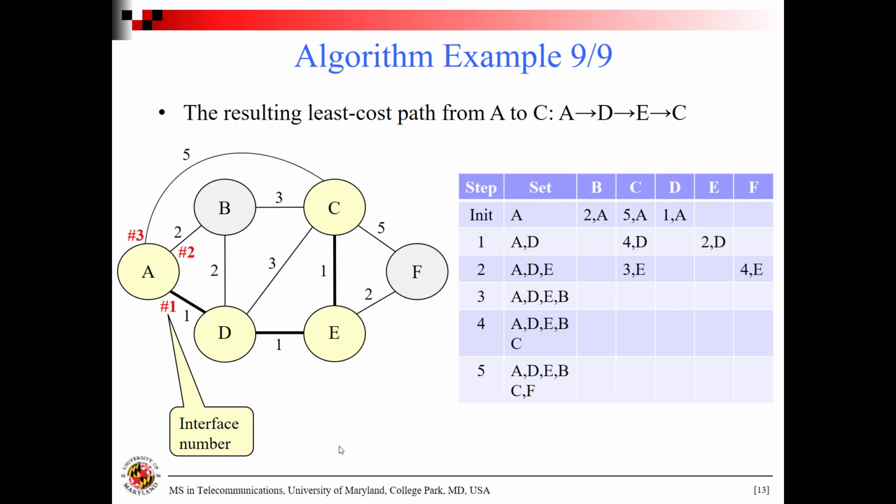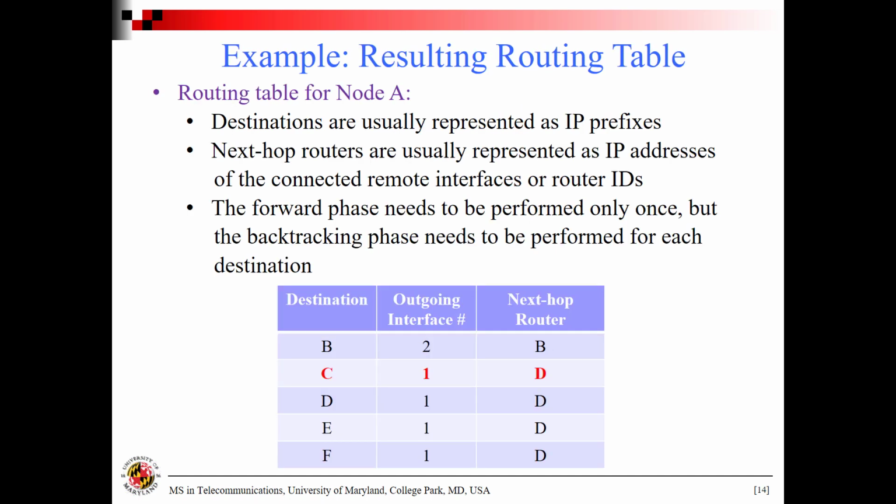Okay, so that's important, because whenever you create entries for a routing table, one important thing you're going to have to determine is the next hop interface. Basically, what would be the outgoing interface for a packet so that it would be sent to the appropriate next hop router. So let's look at the routing table for node A. In a routing table, typically you have 3 types of entries.